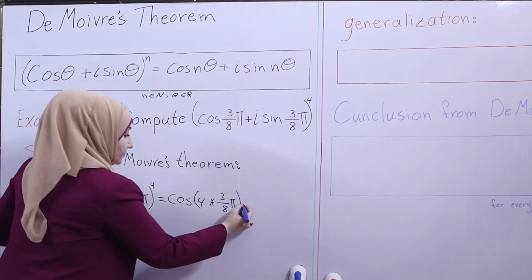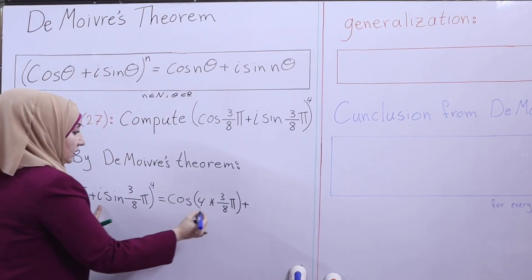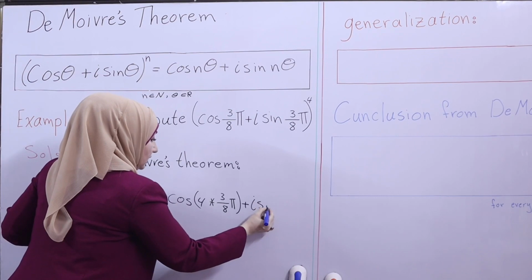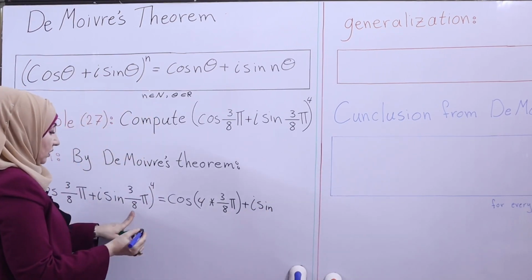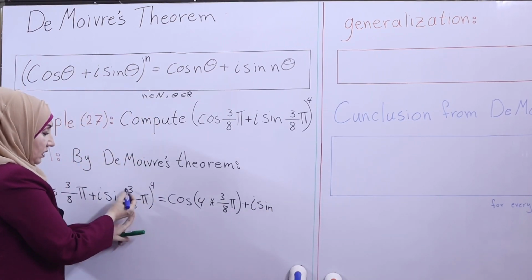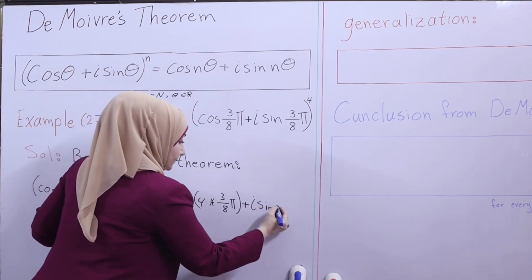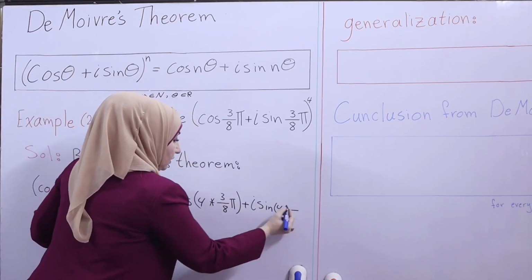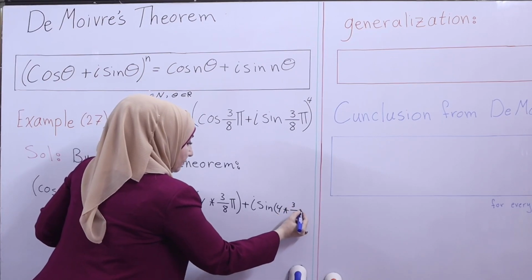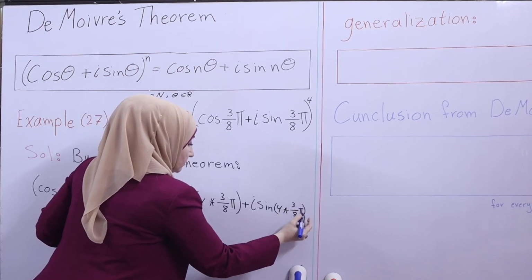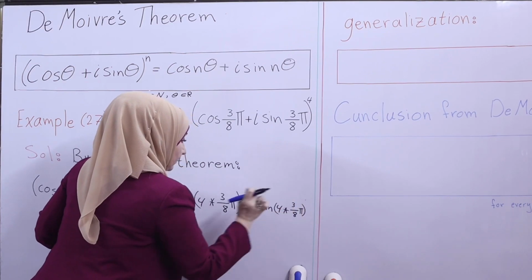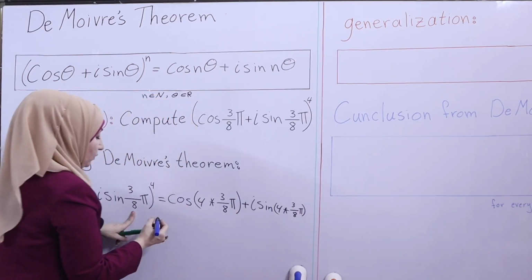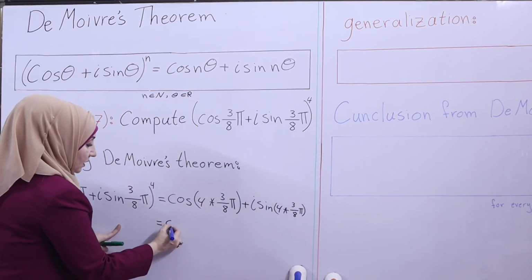Plus I sine, also we will multiply the power by theta or the angle. 4 multiplied by 3 on 8 pi. And now we can simplify it.